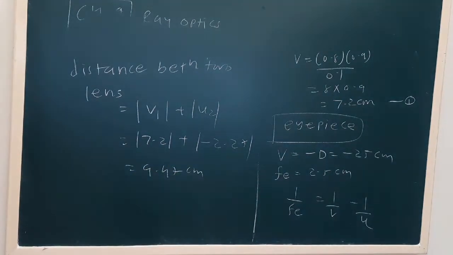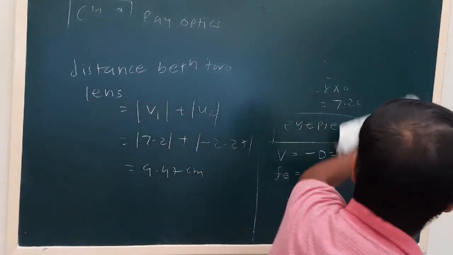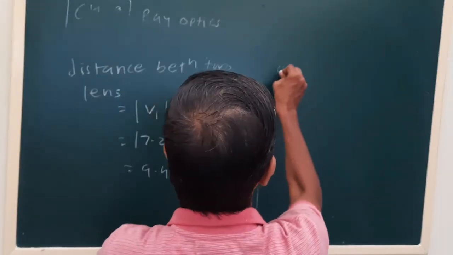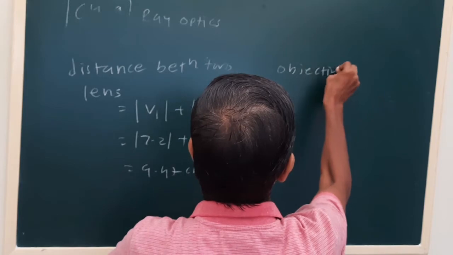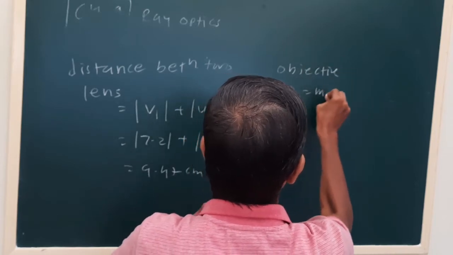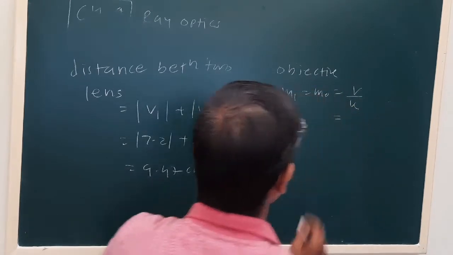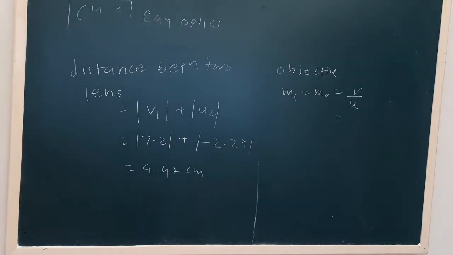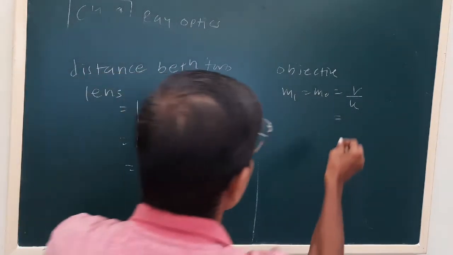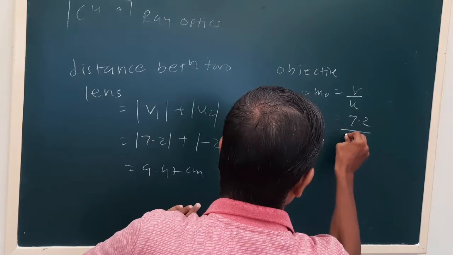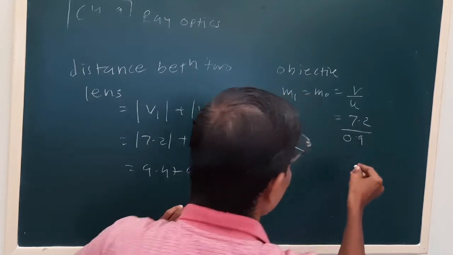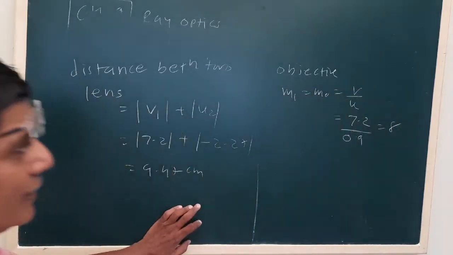Now the magnification part. Now see first for the objective. Now we have obtained V is 7.2. Object distance was 0.9. That is 8.